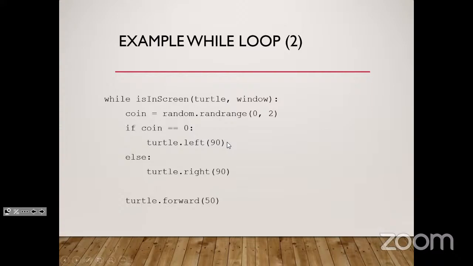If it's 0, we want our turtle to turn left. Otherwise, we want it to turn right. So we're randomly having our turtle turn right or left and then move. So we don't know where the turtle's going to go. And the turtle's going to keep running until he touches the side of the screen.